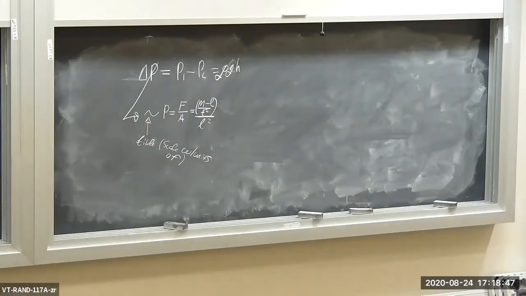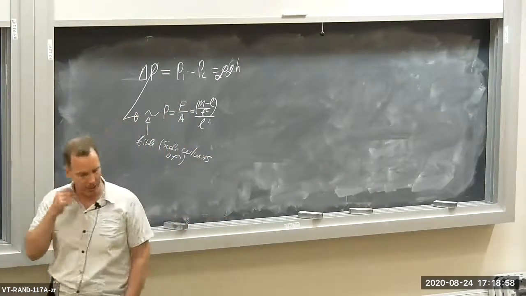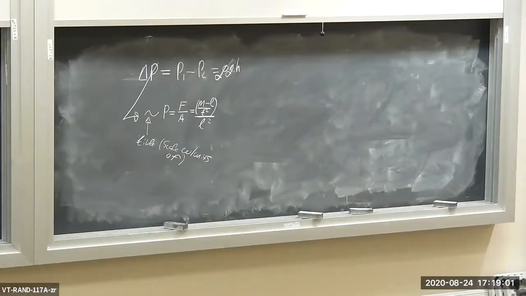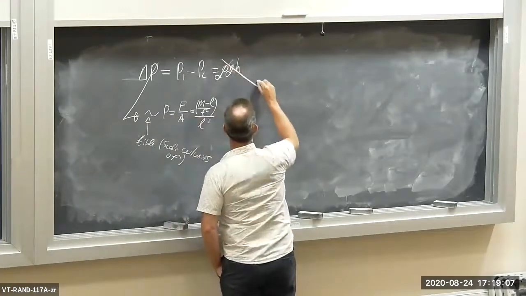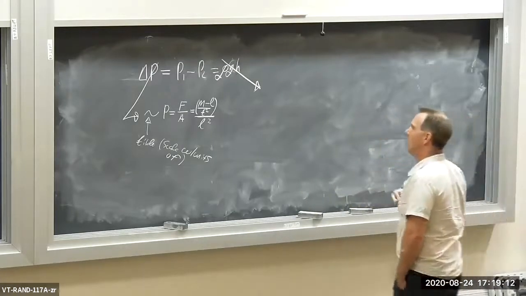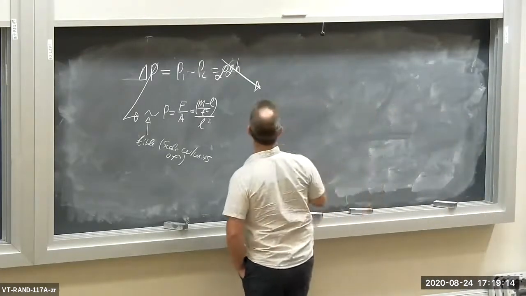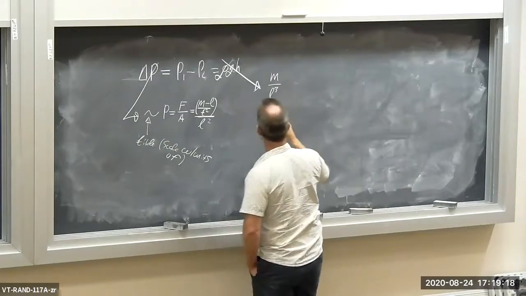Mass times length divided by time squared gives me a mass times acceleration. Let's have a look at the units of rho g h. Let's see, rho is mass per unit volume, so we have mass per length cubed.